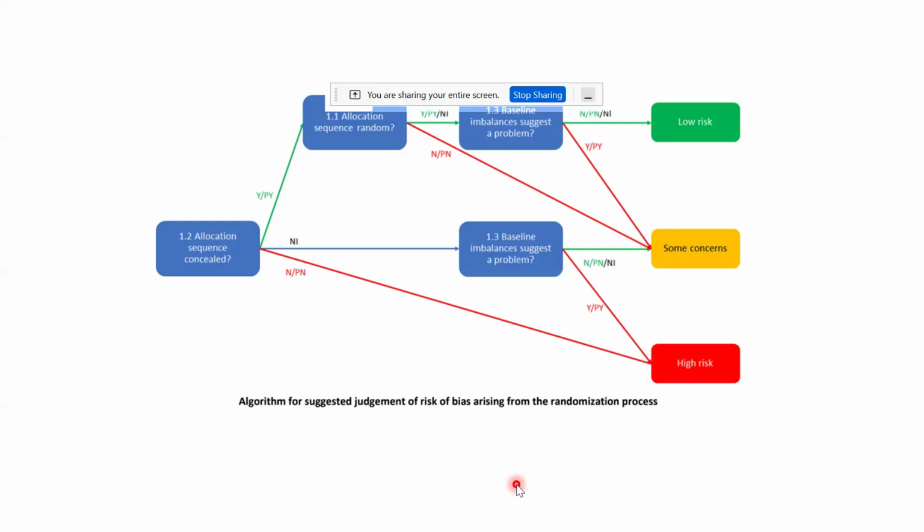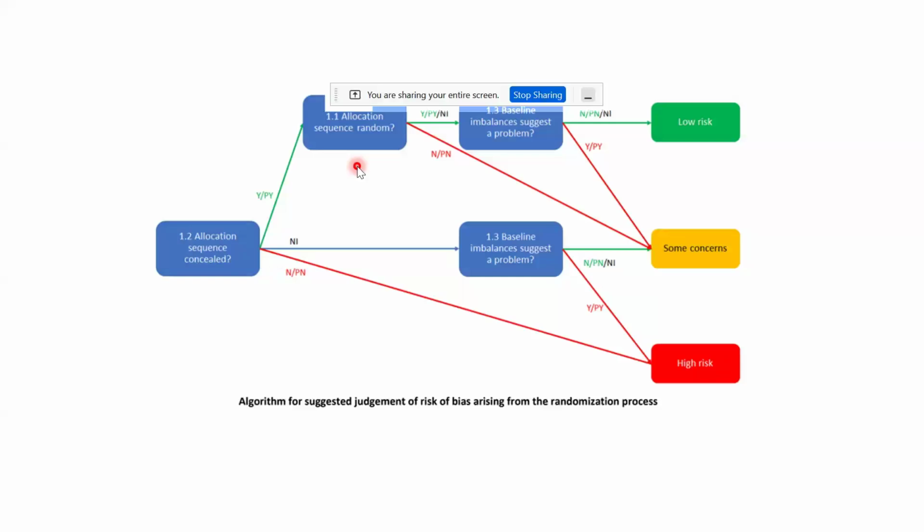You can go through it as well as the guidance document where these algorithms and some guidance are available. If you forget anything I tell you now, you can go through those guidance documents whenever you have doubt regarding the meaning of any question.